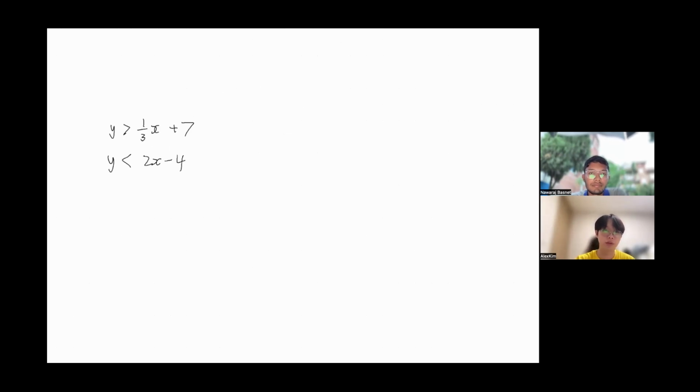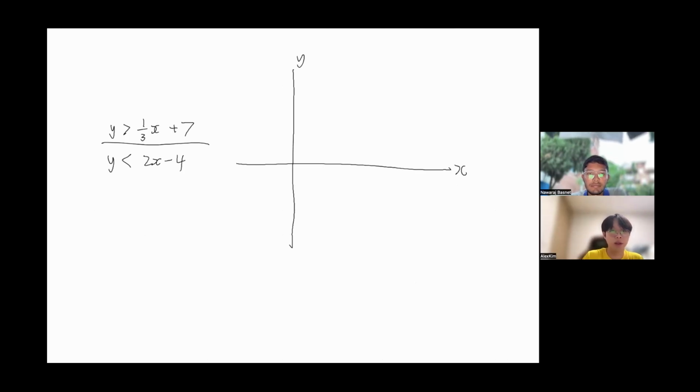For this first equation, if we graph it, let's have an x and y plane. We first write y equals 1/3 x plus 7, let's say 7 is here. We have a graph that looks like this. But this is y equals 1/3 x plus 7, and in this part it says it's greater than, right?